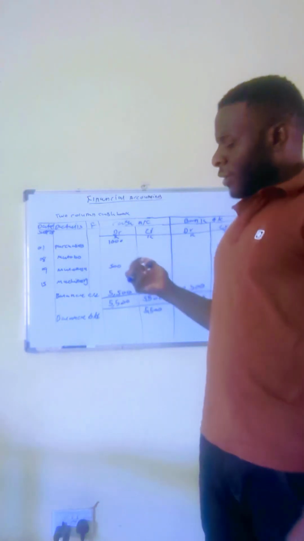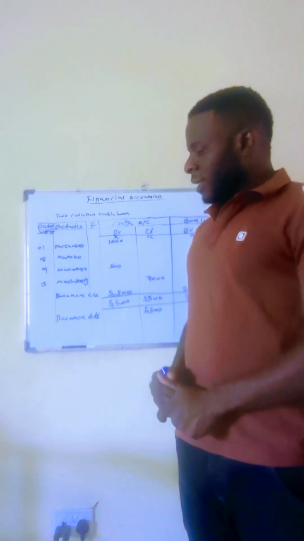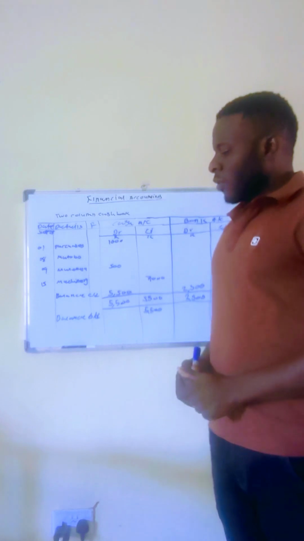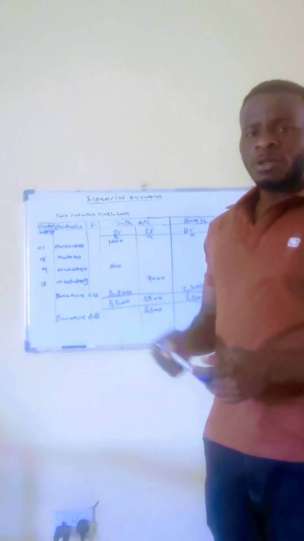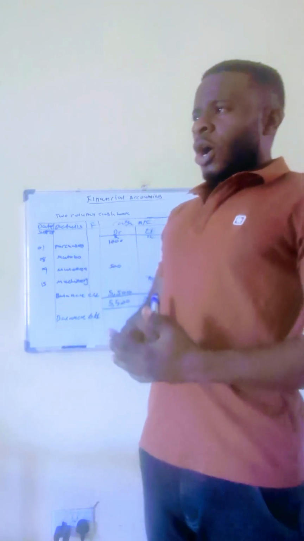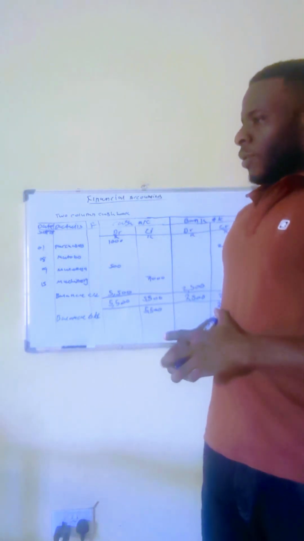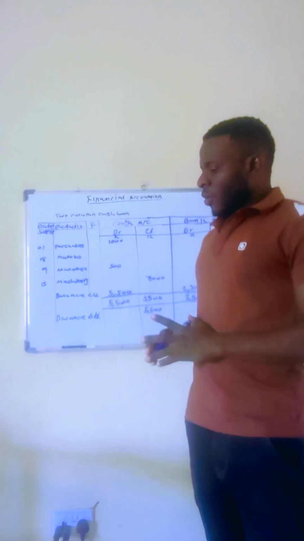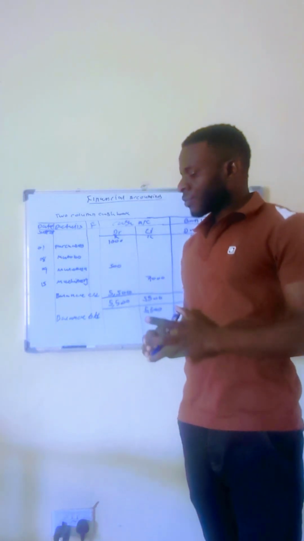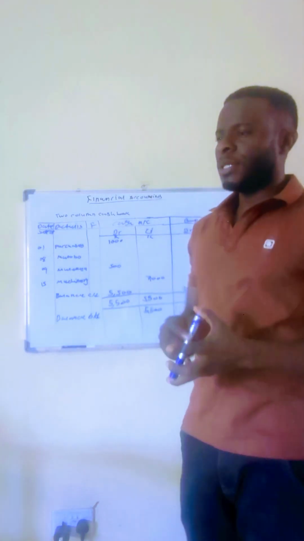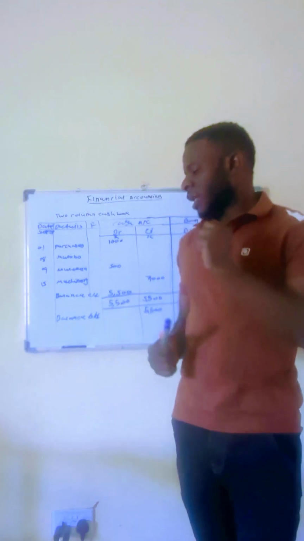On the double entry system, cash is an asset. So in this case, we bought goods by cash. Cash was going out of the business. On the double entry system, when we go into assets, we debit what goes into the business and we credit what goes out of the business.